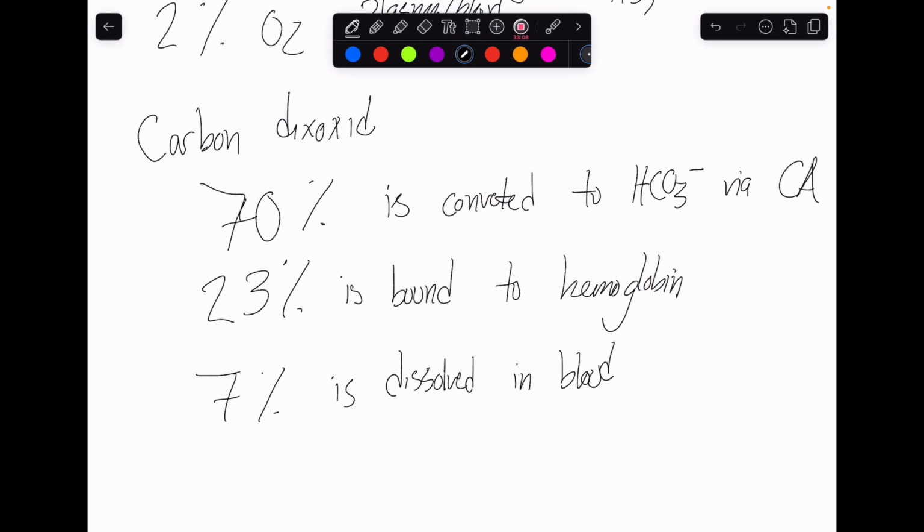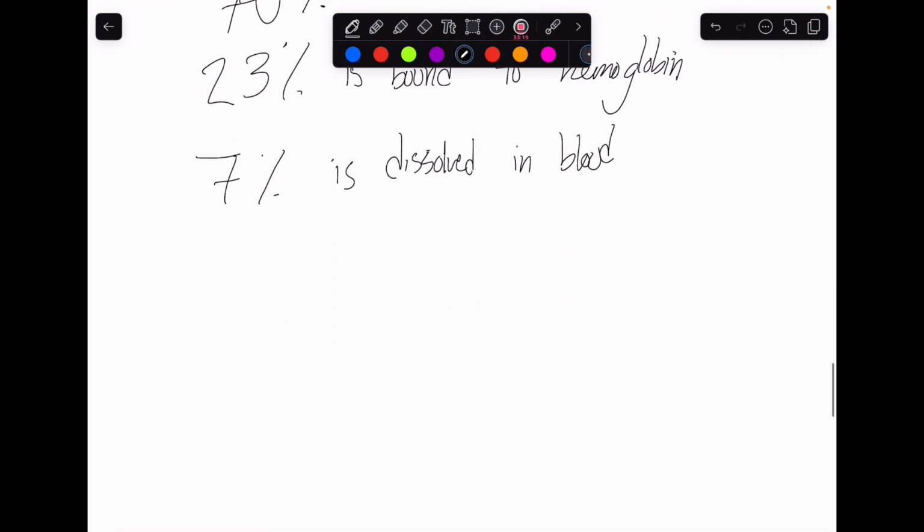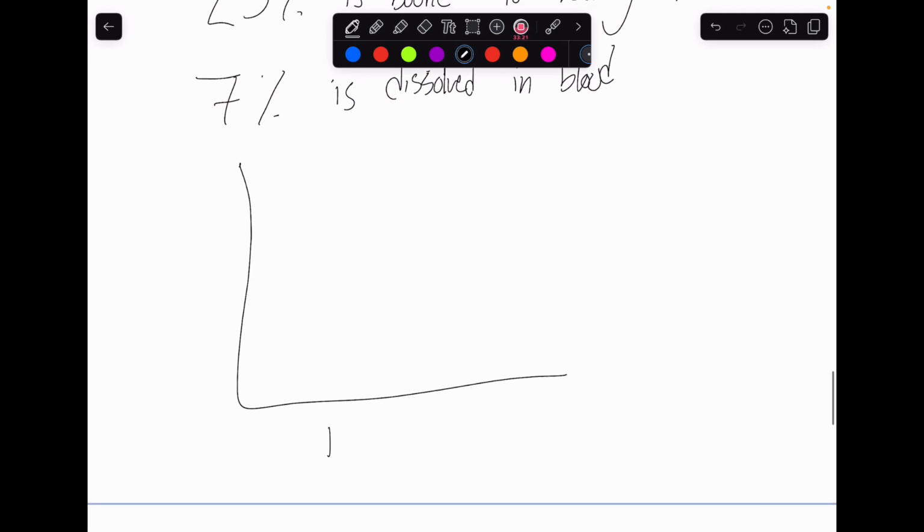To figure out if we're more T state or more R state, we have these little graphs. Over here we have our pressure, PO2, and this is our hemoglobin saturation percentage.